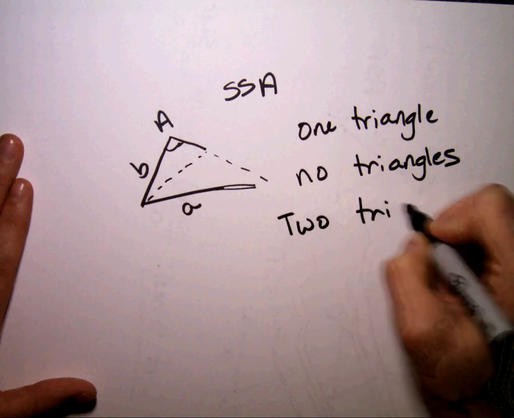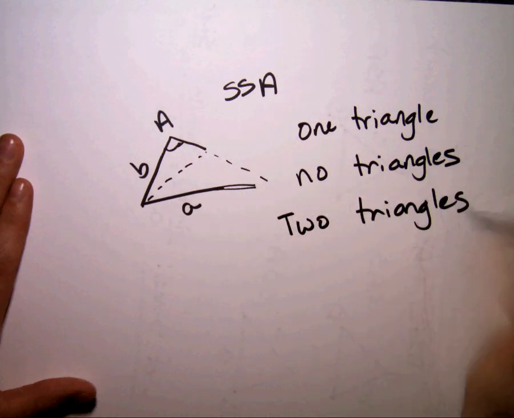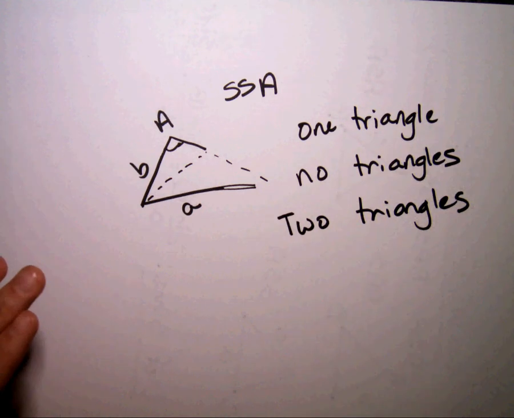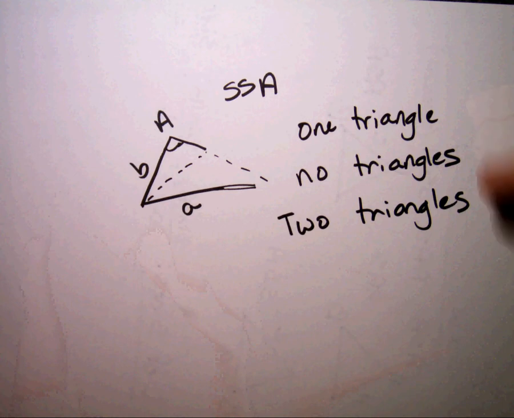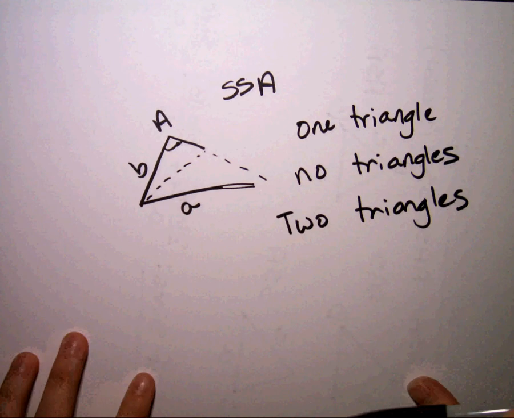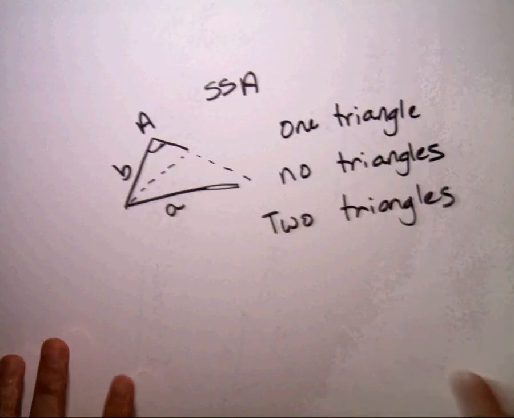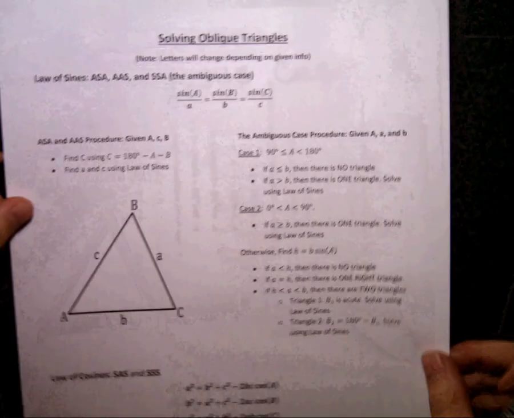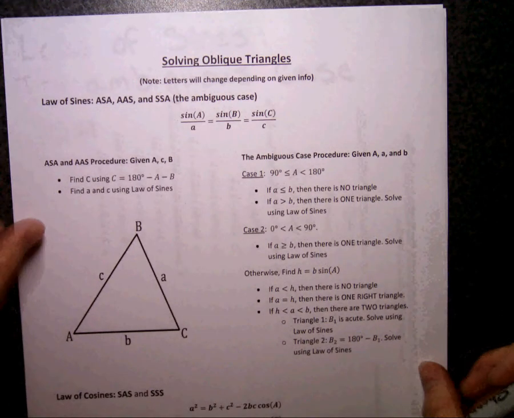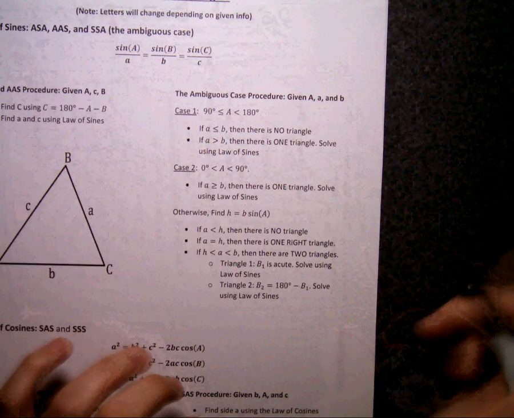Again, the information we're given will determine how many triangles we actually have. This one is a little bit more involved, but if you look at the back of your homework, it nicely breaks down step by step what to do when we have a side-side-angle.